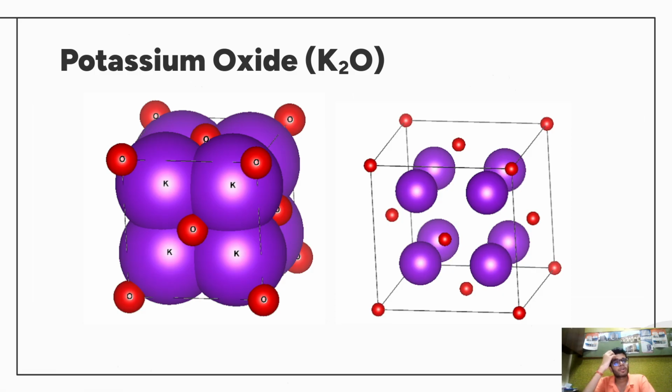Next up is potassium oxide, K2O, and it has the antifluorite structure. So the O2- anions make up the FCC of the lattice, and the potassium cations occupy all the tetrahedral voids of the crystal.